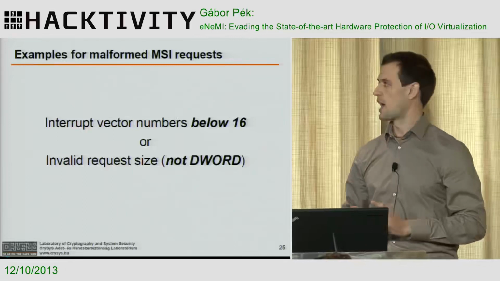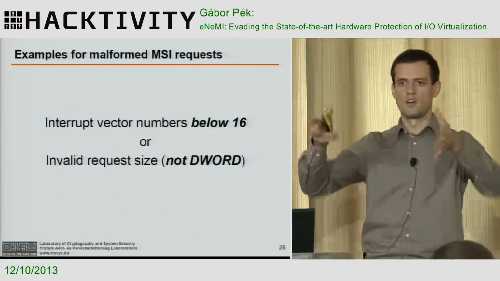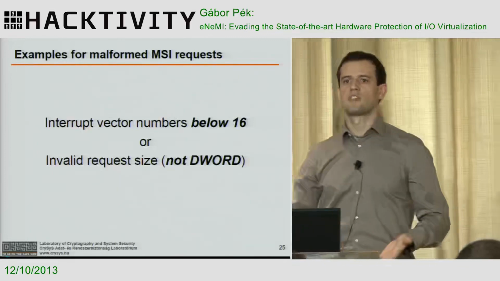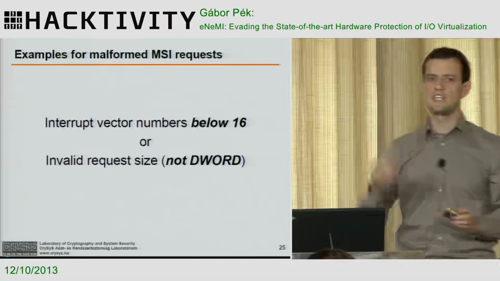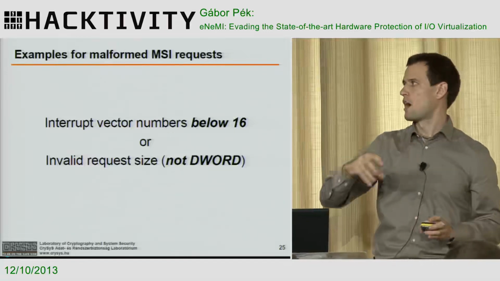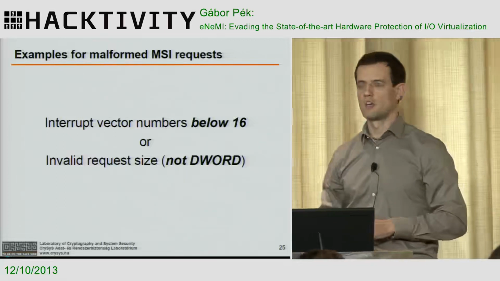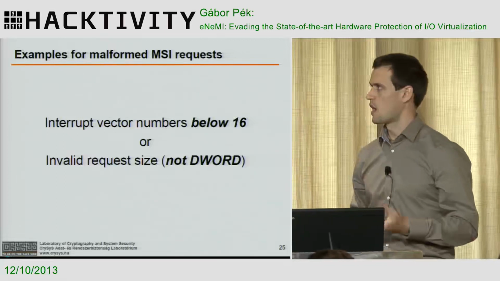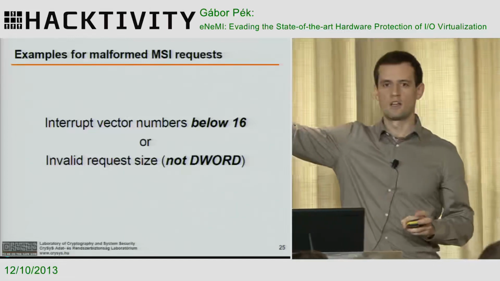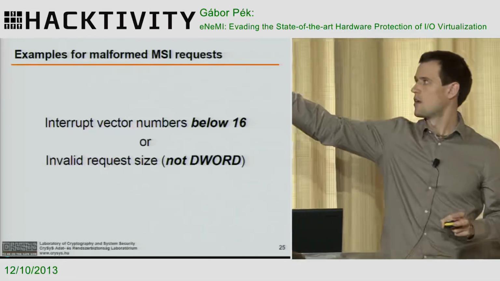The Intel specification says that the MSI request has to be specified as an exact DWORD-size DMA write operation. However, if it is not, something is going to happen. How many of you know why it is important? Below 16.